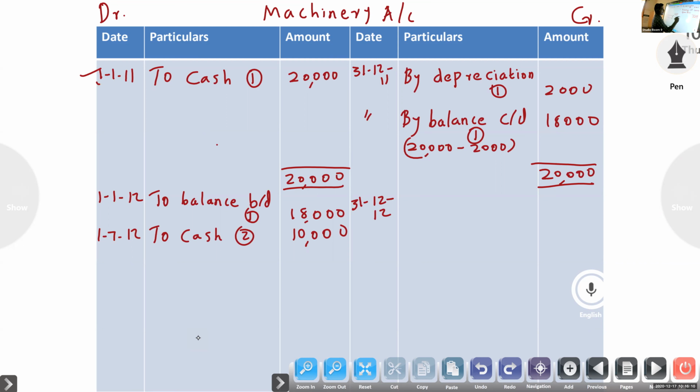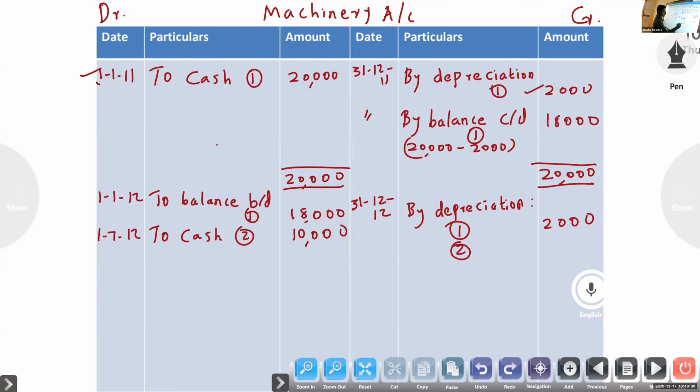So we can write by depreciation 1. The first one was purchased on 1st January, so full year depreciation only. Second one, how to calculate?